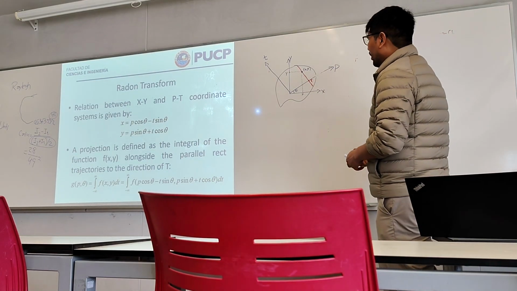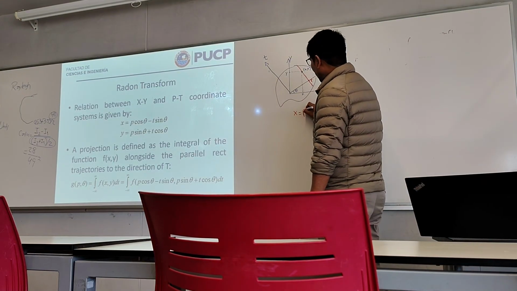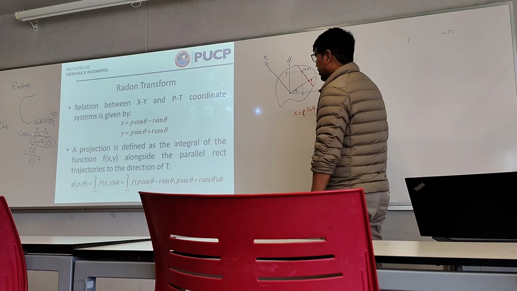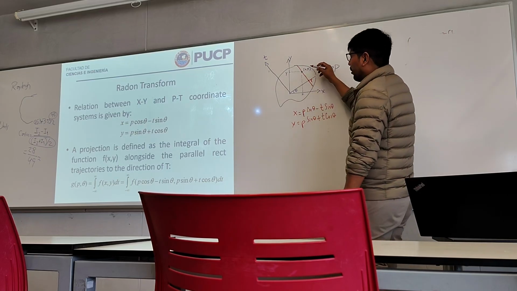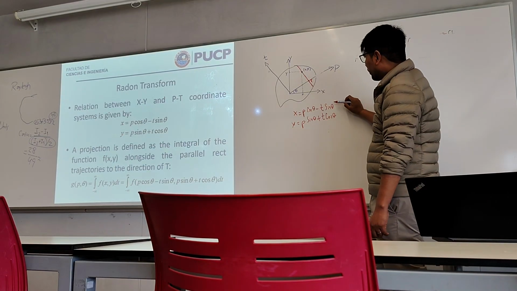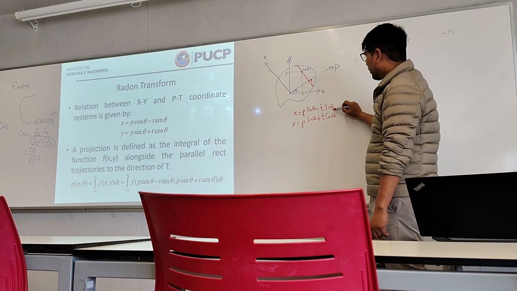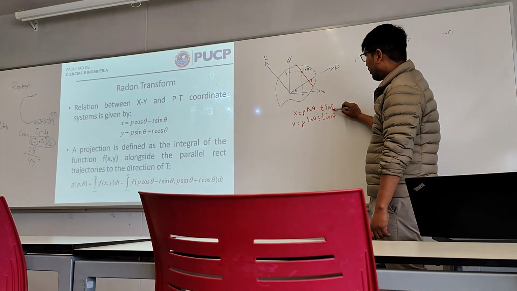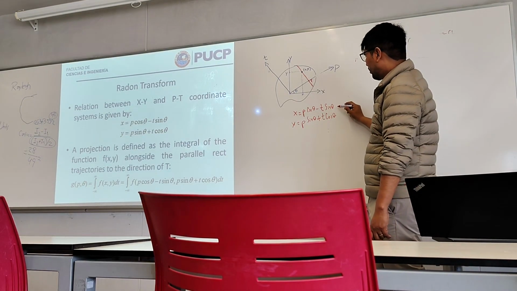So the first thing is that x equals p cosine theta minus t sine theta, and y is p sine theta plus t cosine theta, for some particular coordinate like this. Can you see that this is true?